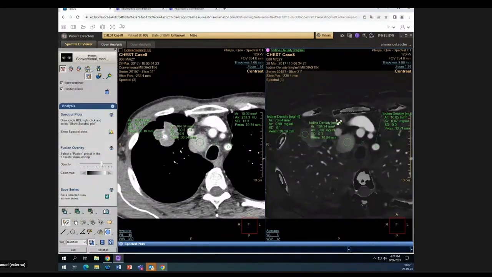So there are some interesting values in this patient, showing that virtual non-contrast may show calcification inside the lung tumor. It can display different parts of the tumor with iodine uptake, not iodine uptake, and high uptake of iodine in the right paratracheal lymphadenopathy.